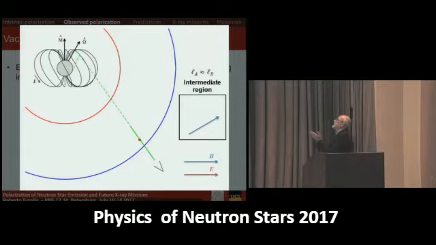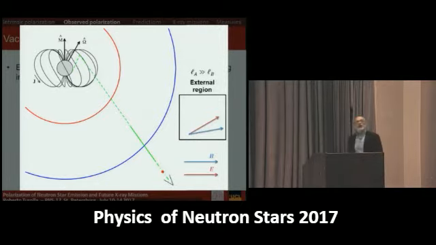In the intermediate region, it is still true that the photon electric field tends to follow the direction of B, but with some delay, so to speak. And finally, when L_A is much larger than L_B, in the external region, the direction of E will be frozen and will not follow the change in the direction of B anymore.